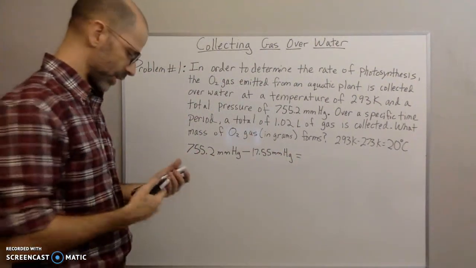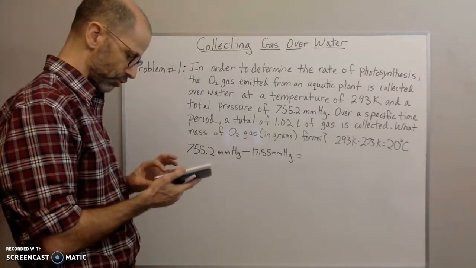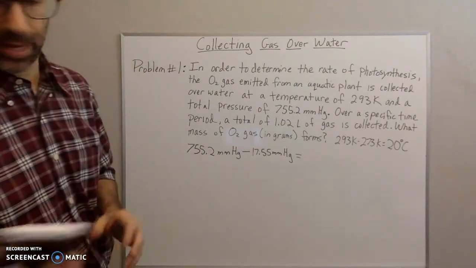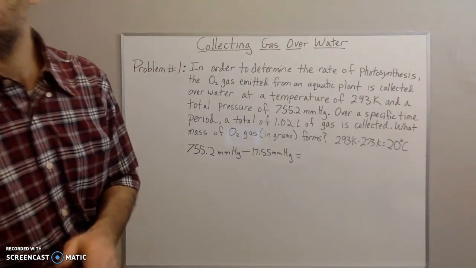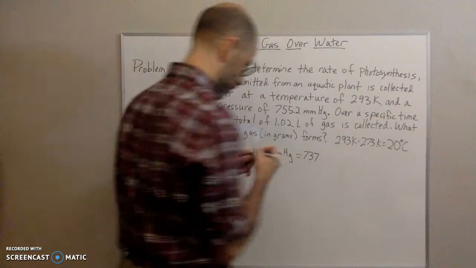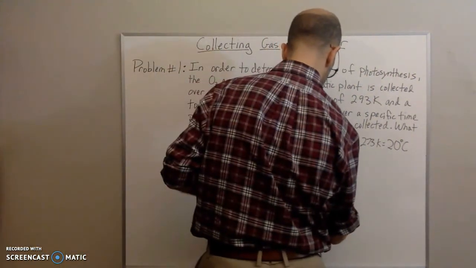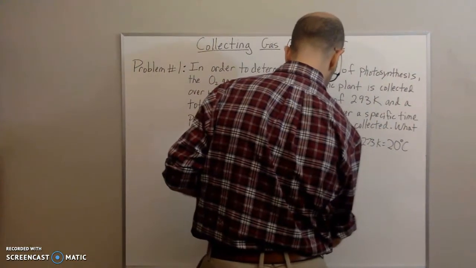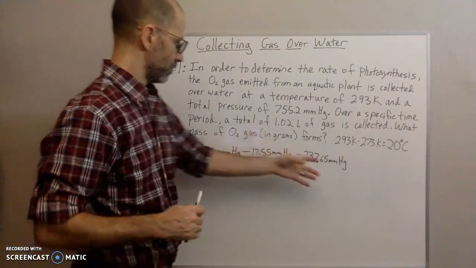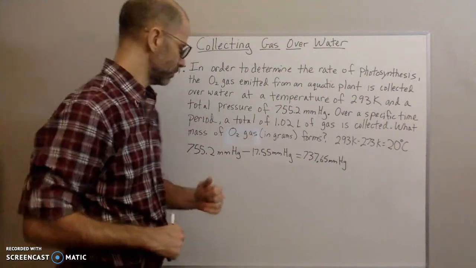Let me get my calculator. 755.2 minus 17.55 equals, and that gives me 737.65 millimeters of mercury. So that is the partial pressure of oxygen.